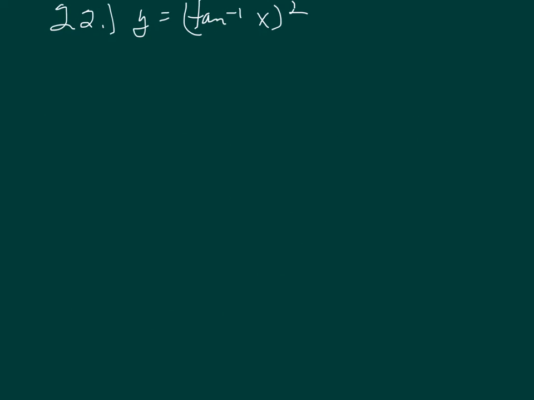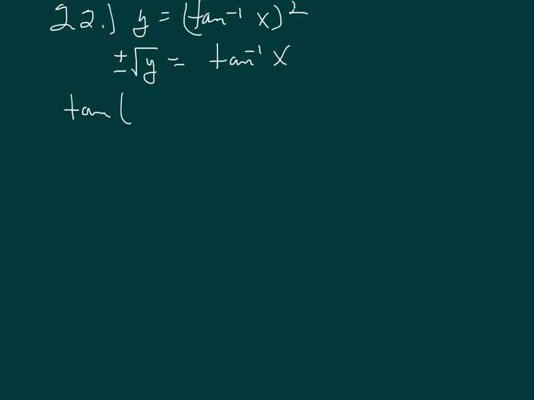Look at problem number 22, y equals the arctangent of x, whole quantity squared. Take the square root of both sides. I would have plus or minus the square root of y is equal to the arctangent of x. Now take the tangent of both sides.